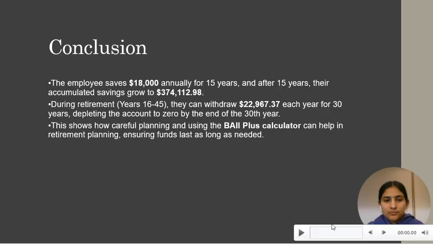So here is the conclusion. The employee saves $1,800 annually for 15 years and after 15 years their accumulated savings grow to $374,112.98. During retirement they can withdraw $22,967.37 each year for 30 years, depleting the account to zero by the end of the 30 years.